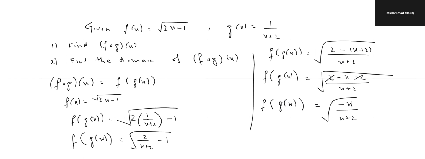Now, most of the students struggle with finding the domain. Since we have a square root, the expression inside must satisfy minus x divided by x plus 2 is greater than or equal to 0, because what's inside the square root should be greater than or equal to 0, should be non-negative.